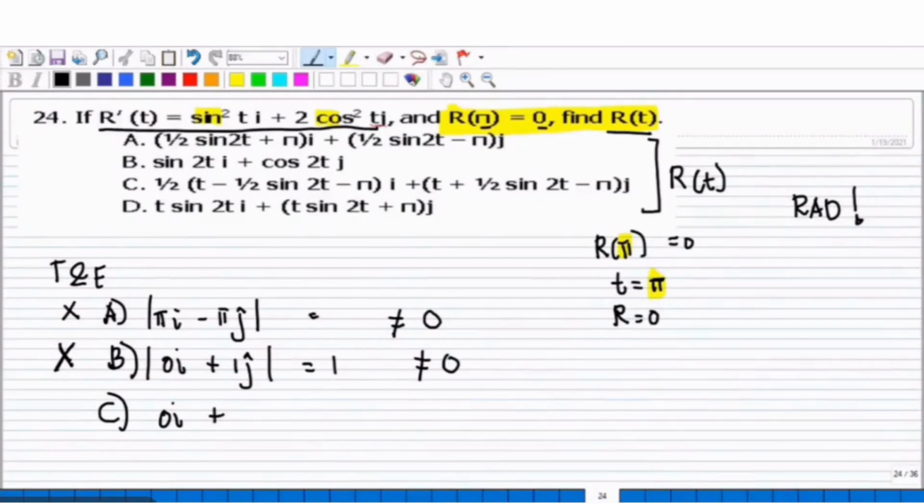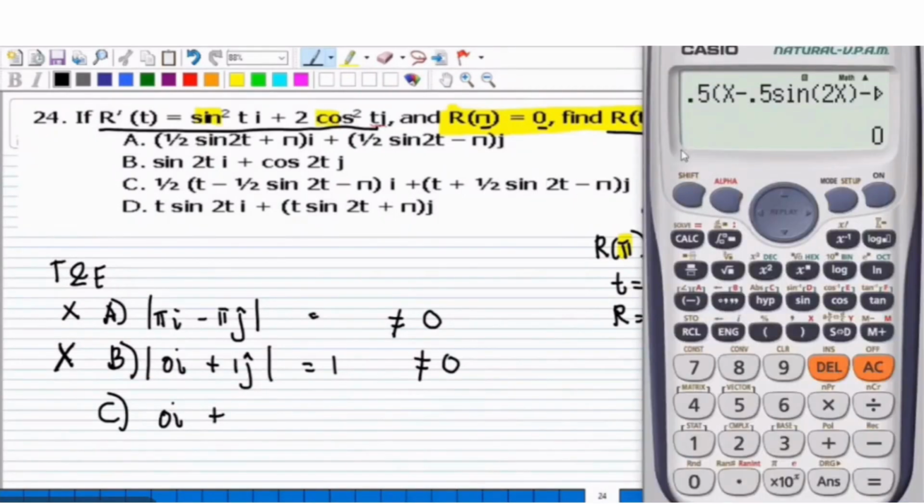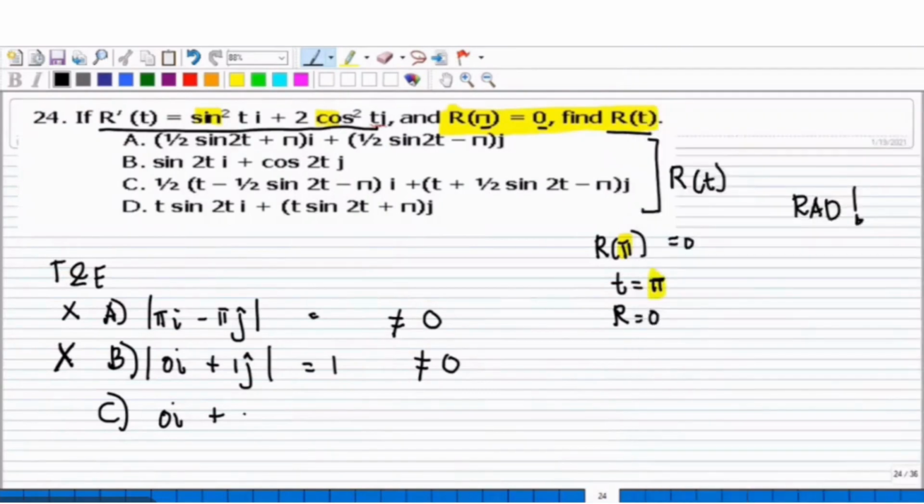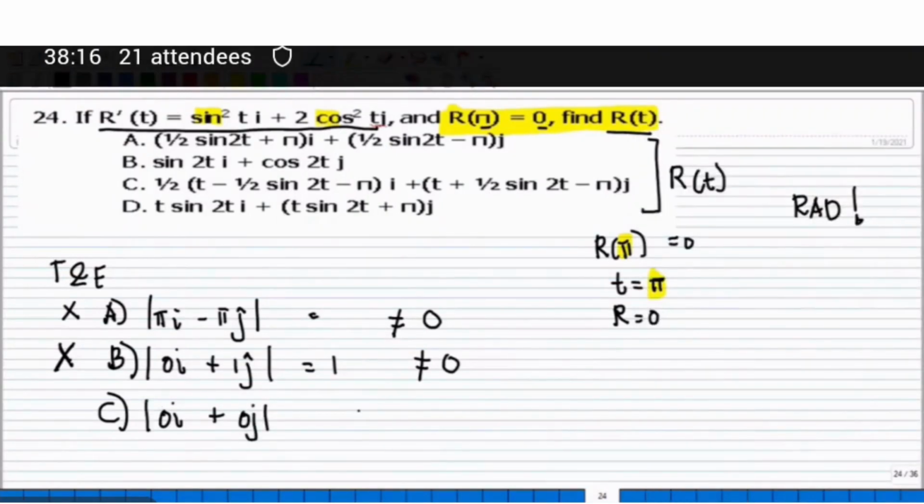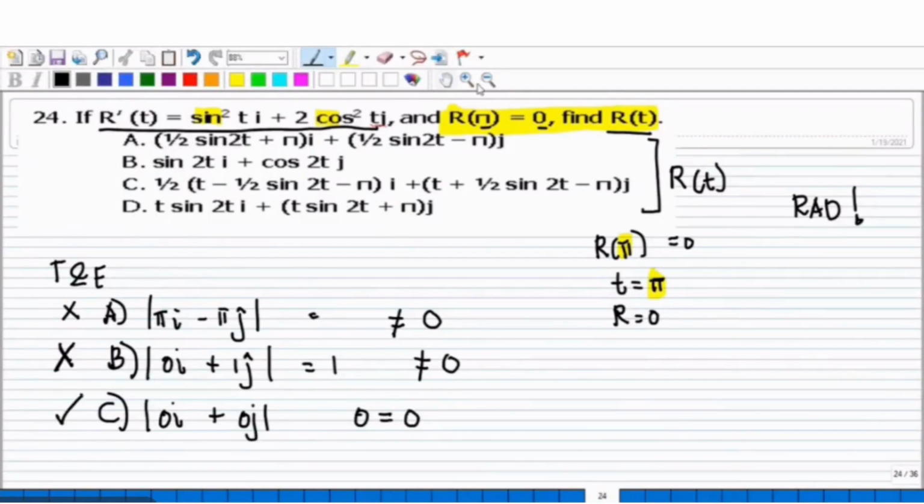Dapat mag-0 rin po yung ating j dito para yung magnitude natin 0 rin. Papalitan lang natin dito, ito magiging plus, tapos yung dito sa kabila, minus. Calc lang natin yan. So, this is 0. 0j rin. Therefore, 0 is equal to 0. Pasok ito. When t equal to pi, r is equal to 0.